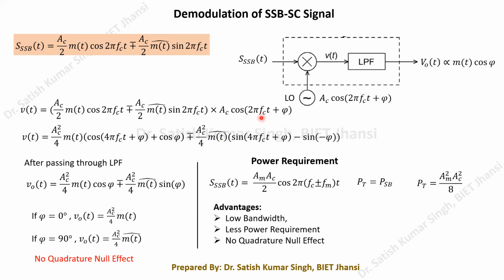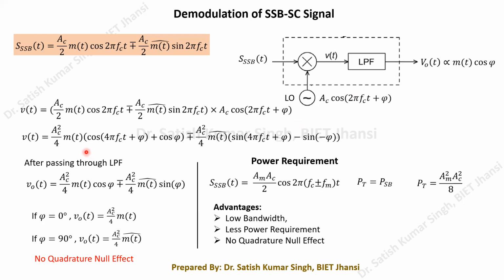Now you can see in this block diagram, after doing this multiplication we have to pass this product term through an appropriate low pass filter. When it passes through the low pass filter, all the high frequency components will be rejected.